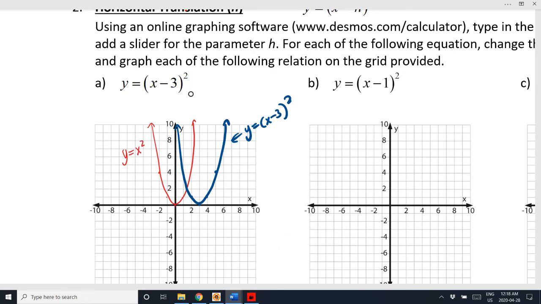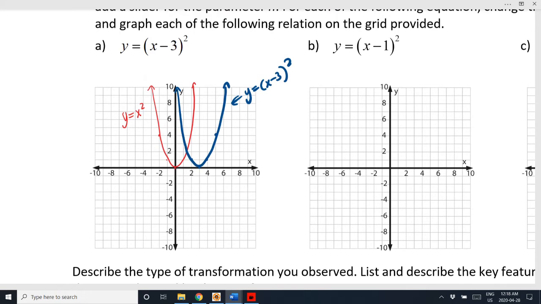And let's describe what we saw. Okay, we have a little bit of room down here. You can write it on the side if you need more. Okay, so we saw a horizontal translation to the right, 3 units.